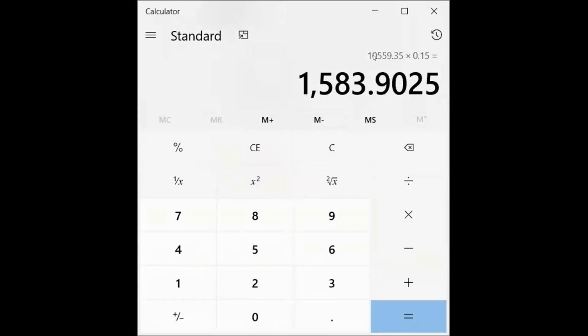This is the calculator. Luckily, self-managed super funds only pay 15% tax. So the actual tax that has to be paid for this particular foreign income is $1,583.90.